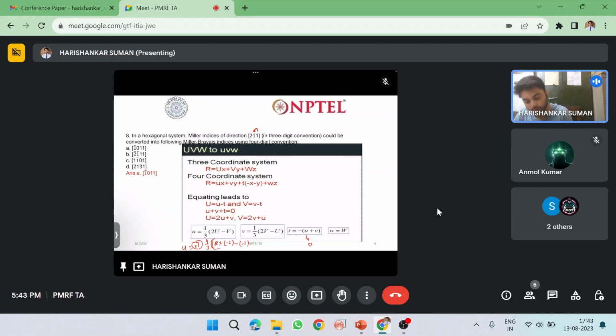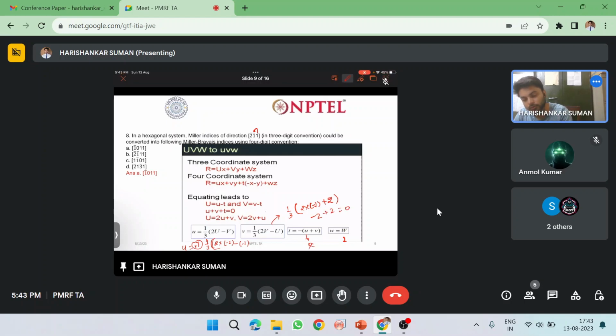Sum of these two, W equal to 1. Then 2 times minus 1 plus 2 equal to 0. So this is 0.